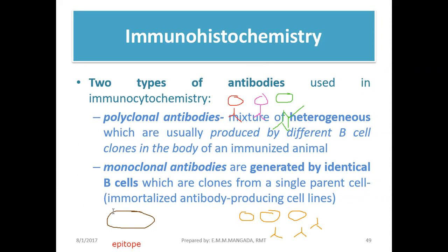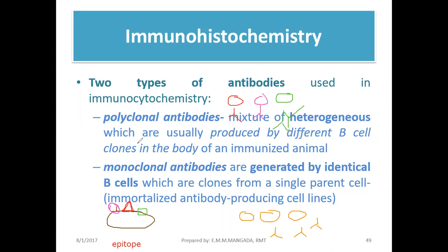Okay, meron siyang, hold on. Meron siyang pink. Ay, sorry. Meron siyang pink na epitope na bilog. Okay? Meron din naman siyang red na epitope. Okay? Nakuha niyo ba ako? Meron din naman siyang green na epitope.